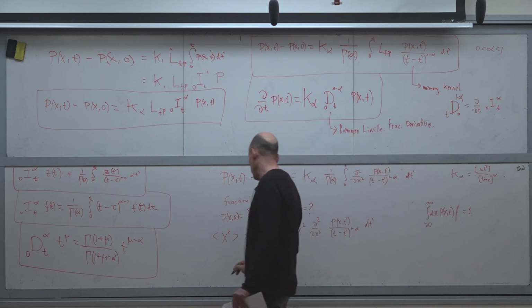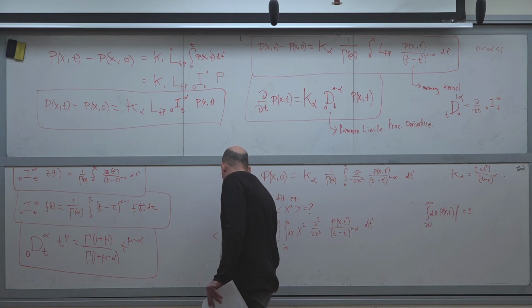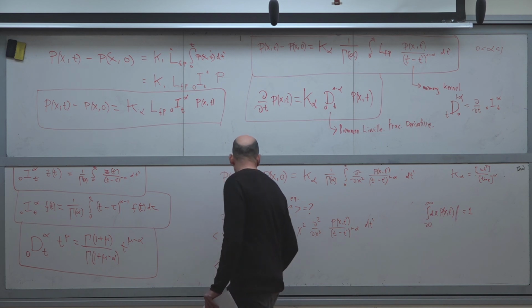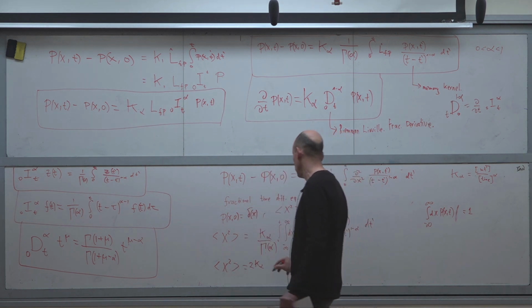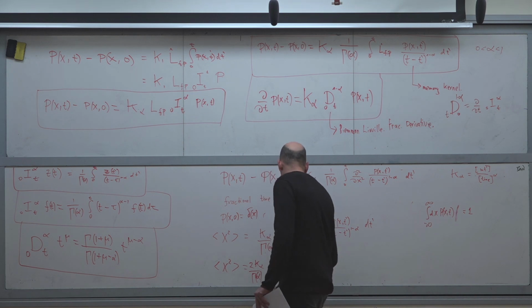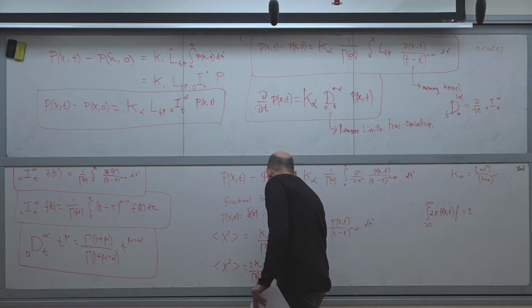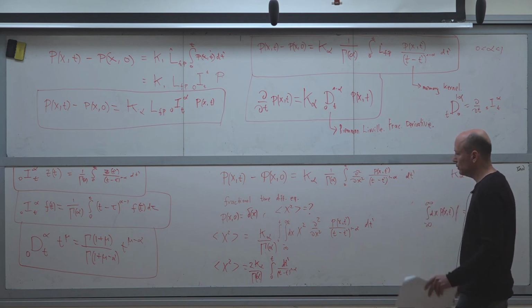So eventually what you get here is x squared equals K alpha times 2. This 2 comes from this x squared. Gamma function, integral from 0 to t of t minus t prime to the power 1 minus alpha dt prime. And this is a trivial integral.